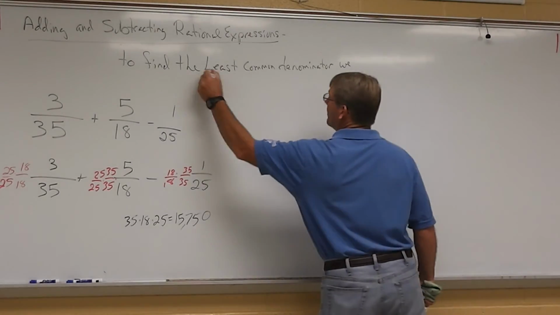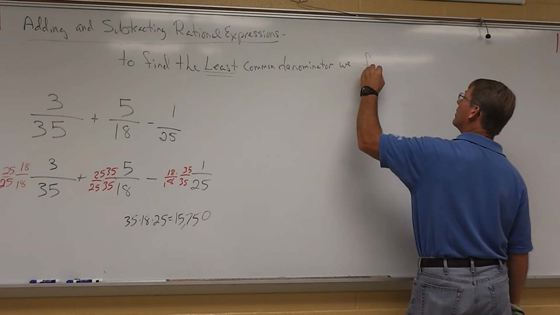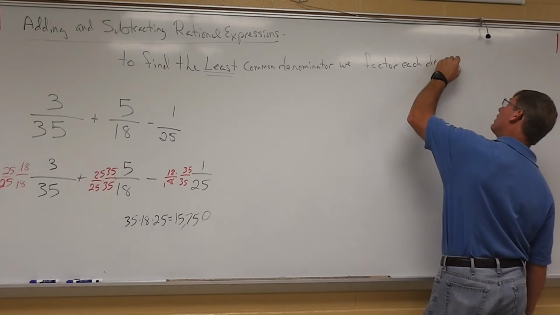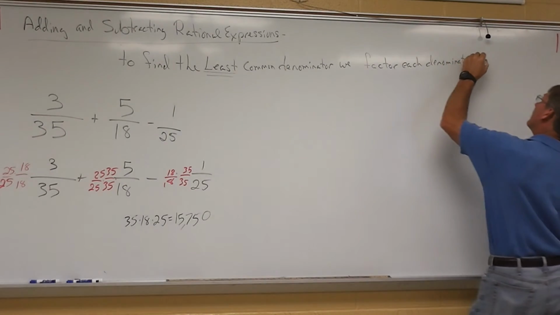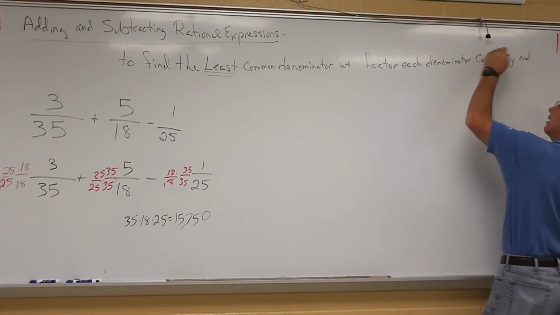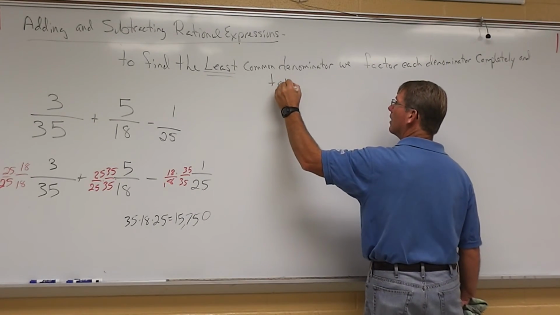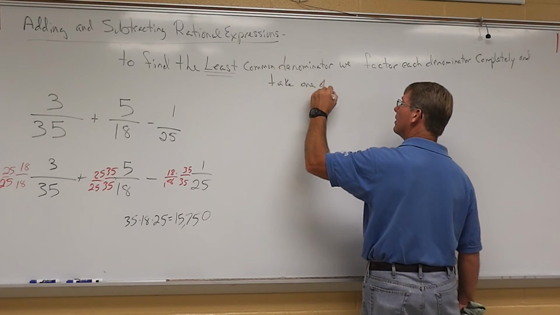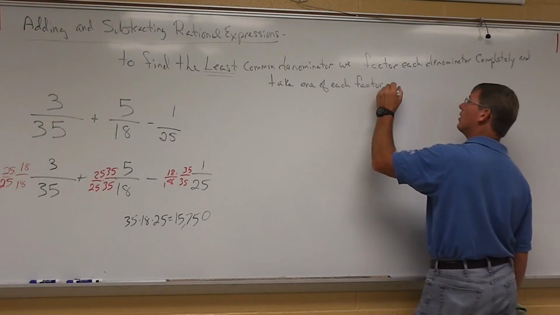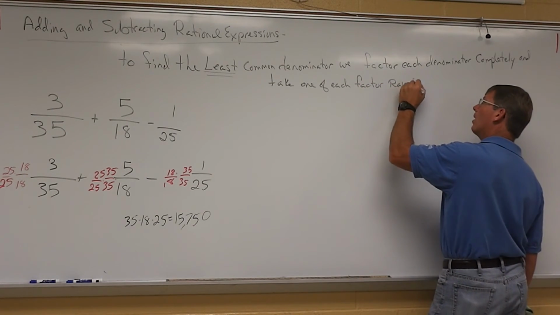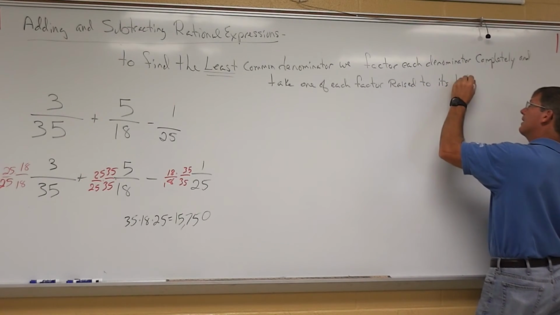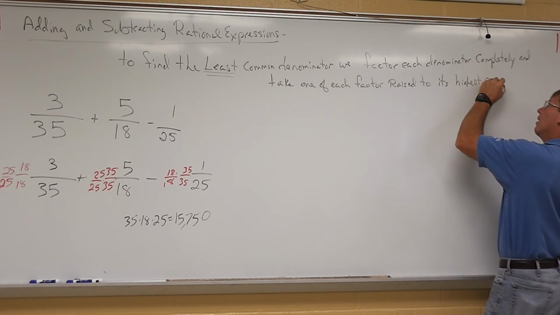So to find the least common denominator, we factor each denominator completely, and take one of each factor raised to its highest power.